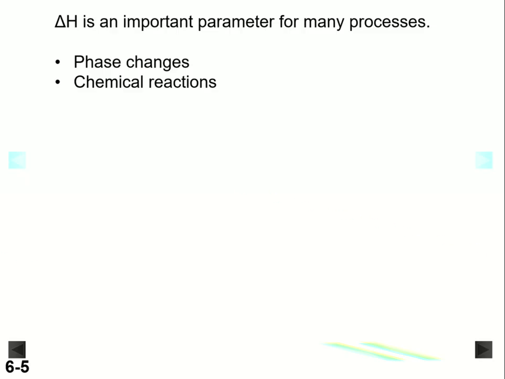Delta H is an important parameter for a variety of different processes. Ones with which we're going to concern ourselves are phase changes and chemical reactions. There can be enthalpy changes that occur in engine cycles, in refrigeration cycles, in a variety of other sorts of transformations. We're going to focus most heavily on chemical reactions with some look at phase changes.